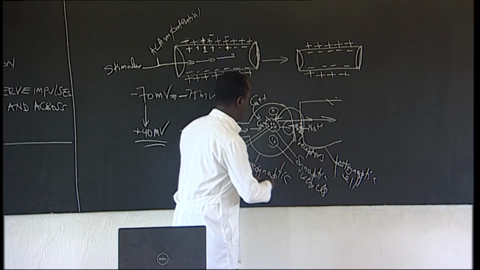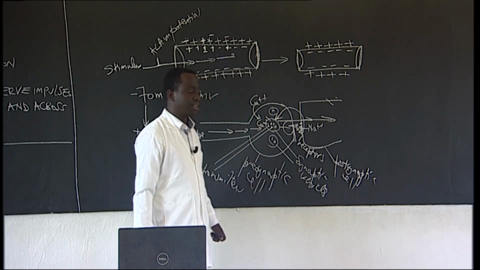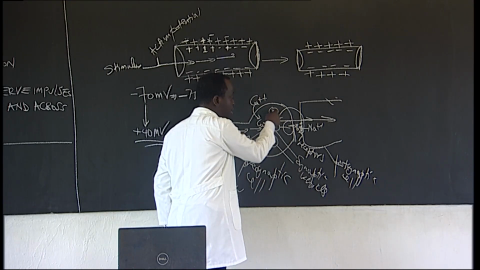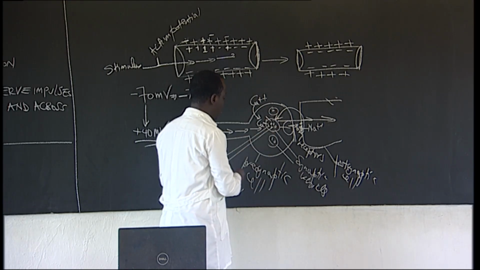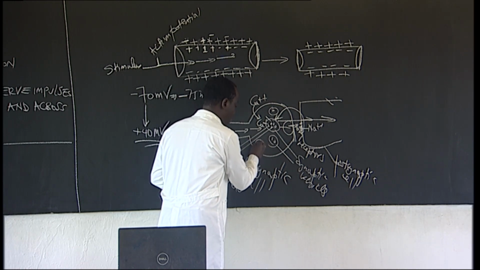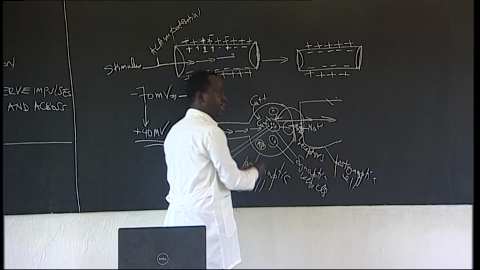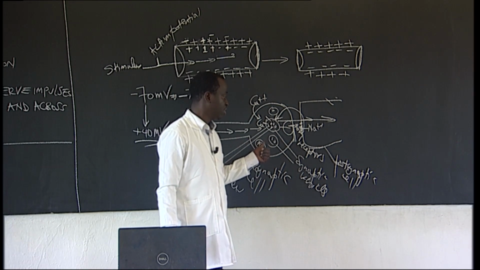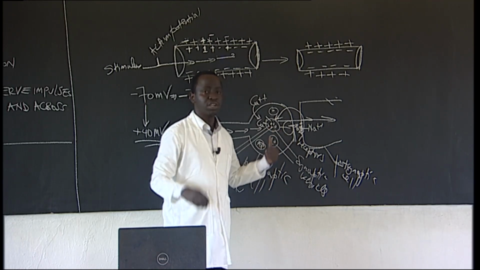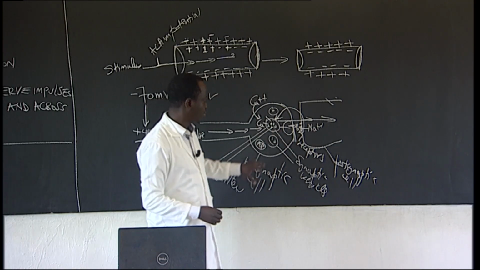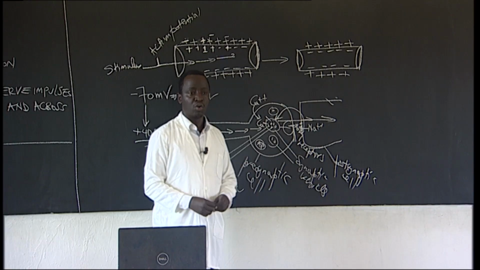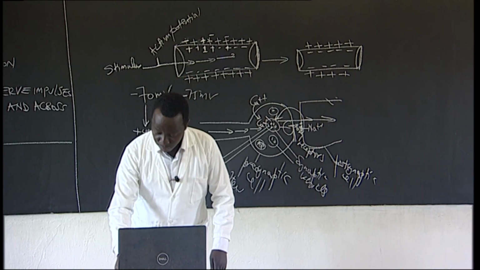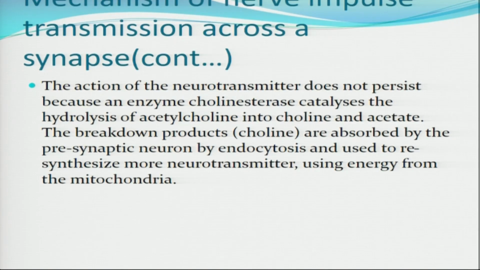Then we get choline and acetic acid that can be reabsorbed back here, using mitochondria that contain the ATP energy, so that next time an impulse can also cross. This is what we are talking about. The enzyme acetylcholinesterase is going to catalyze this.